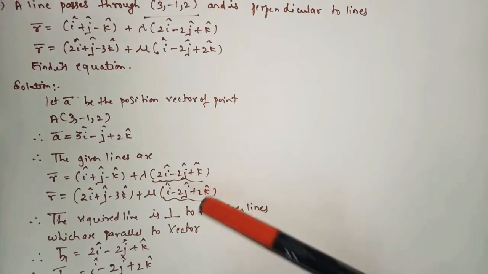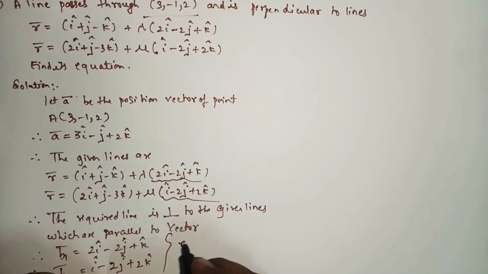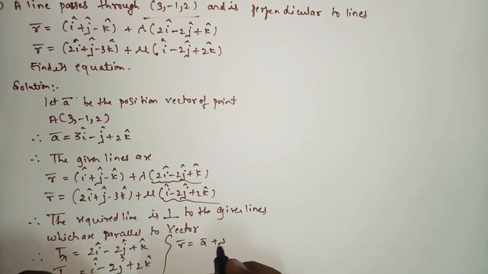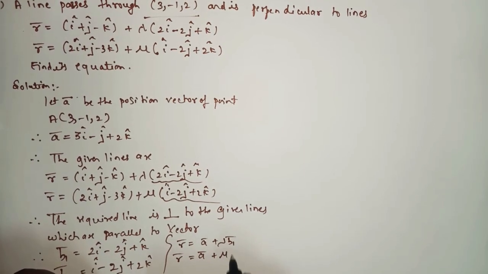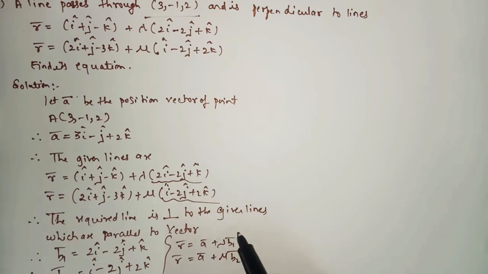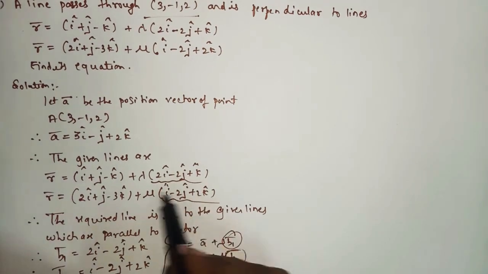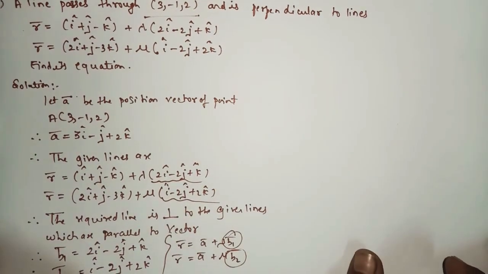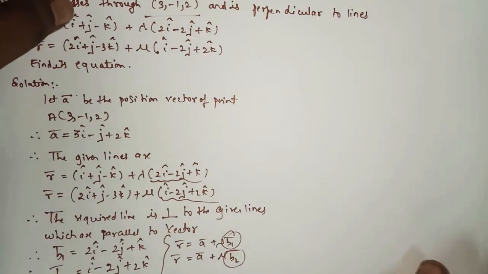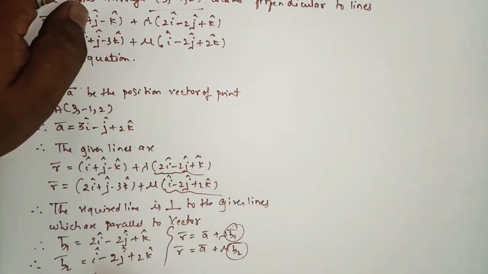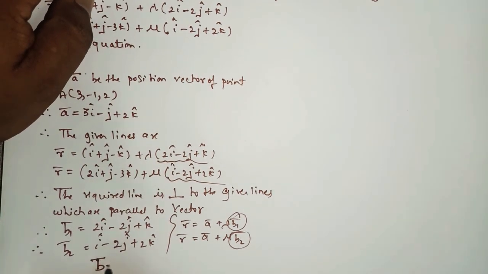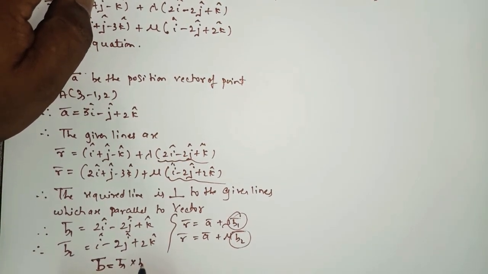As you compare the equations with r bar equals a bar plus lambda b1 and r bar equals a bar plus mu b2, you will get b1 and b2. We know that if the line is perpendicular to these, indirectly it will be parallel to b bar, yes or no?